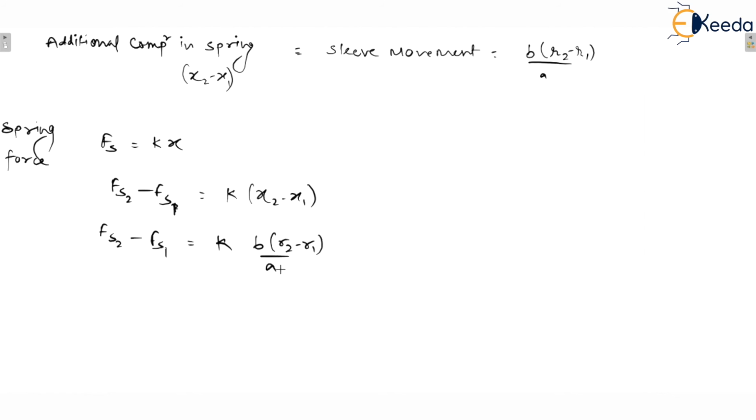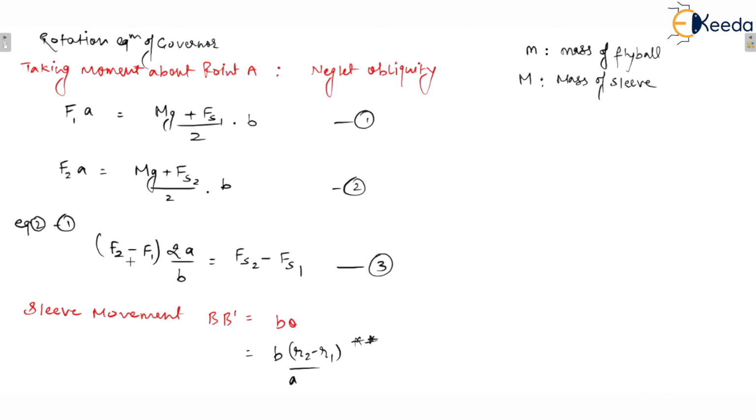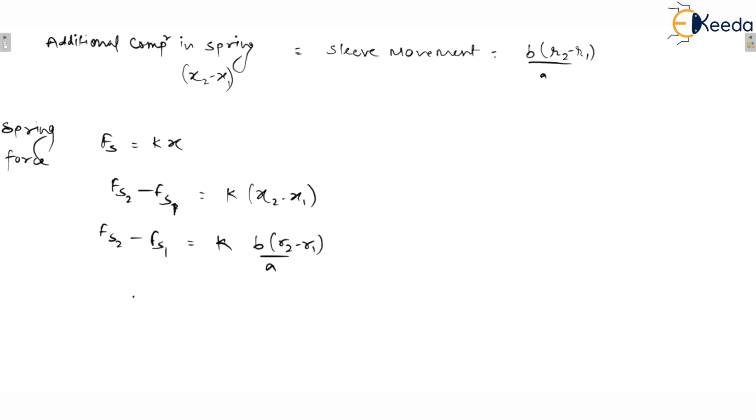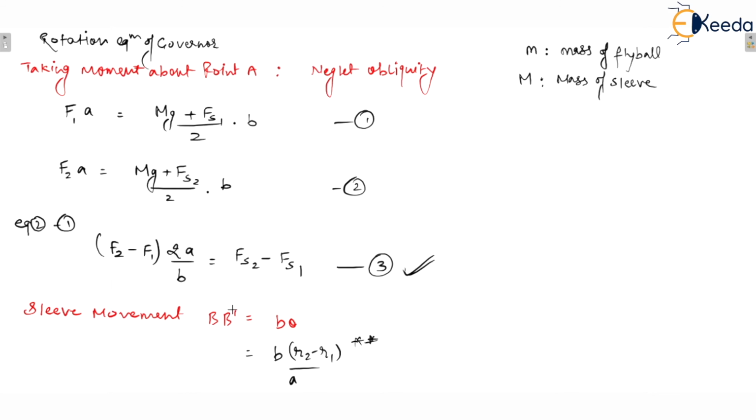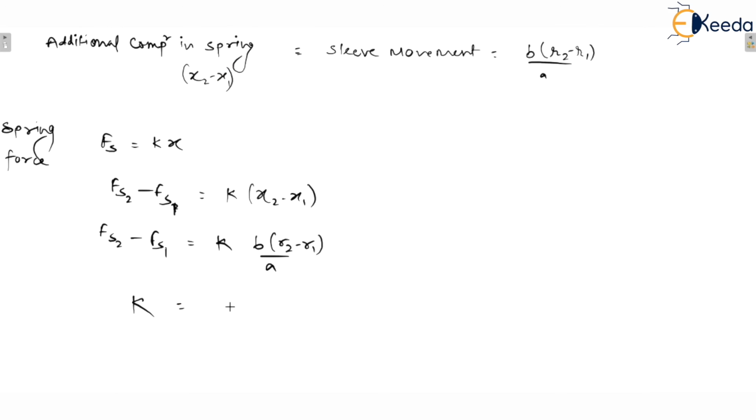Yes or no? We can write that. And we know what Fs2 minus Fs1 is, so we can replace its value, and from here we get the spring constant K, which comes out to be 2 into (F2 minus F1) upon (r2 minus r1) into (a upon b) whole square.